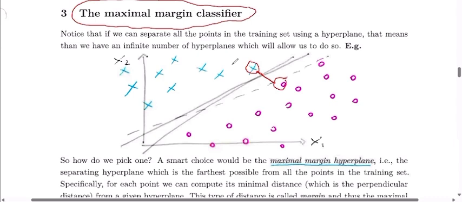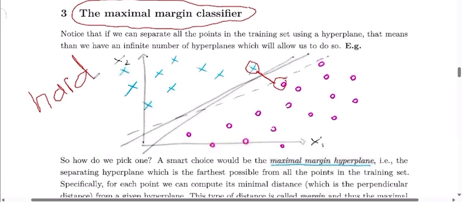So the maximum margin classifier, like I said, has the assumption that the data is perfectly linearly separable. We do not want to tolerate any misclassification, and that is why this is called a hard classifier, H-A-R-D.